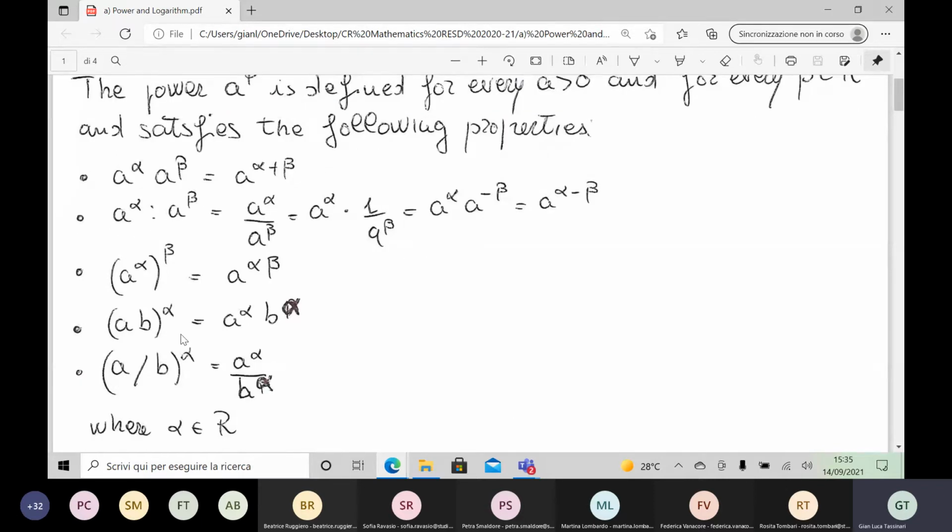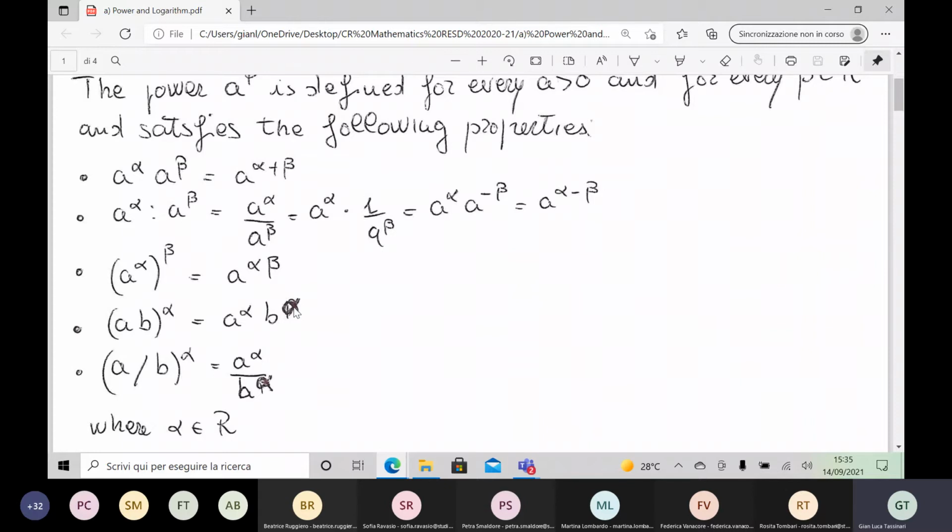Suppose you have a product between a to the power alpha and b to the power alpha.